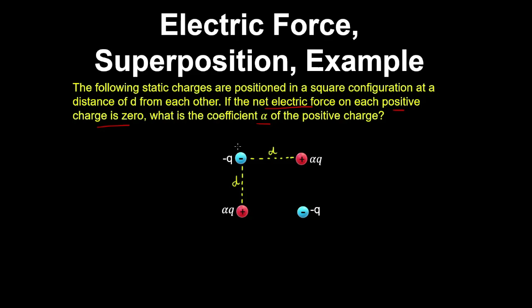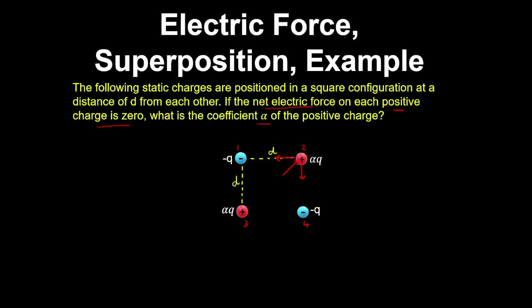So if we label these charges as 1 to 4, and we look at a positive charge, then we have an attractive force exerted by charge 1 on 2, and an attractive force exerted by charge 4 on 2. And like charges repel each other, so charge 3 will exert a repulsive force on charge 2.